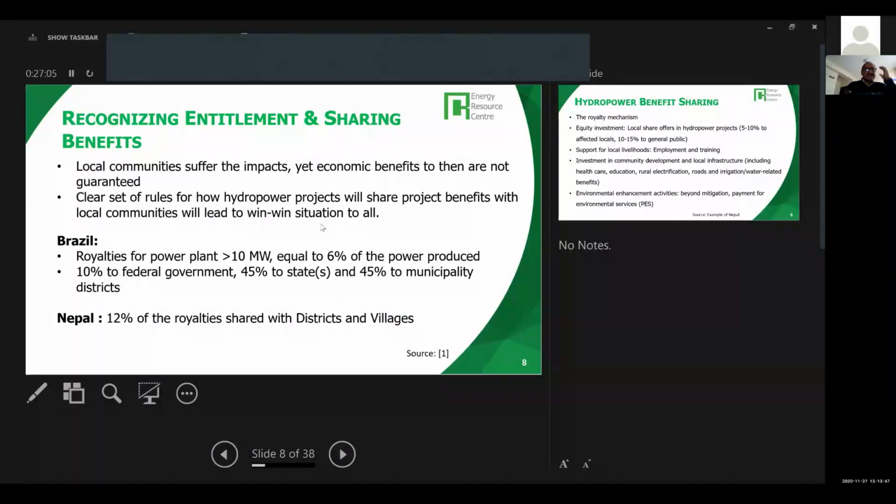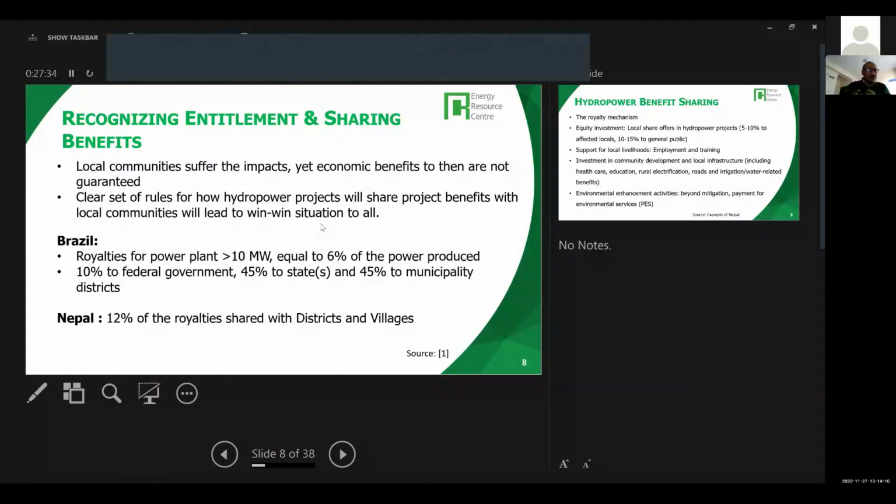What it means is, I think it's followed in other countries, but I know for example in Brazil, any project over 10 megawatt, 6% of the power produced is considered royalty that has to be paid by the developer or the owner of the project.